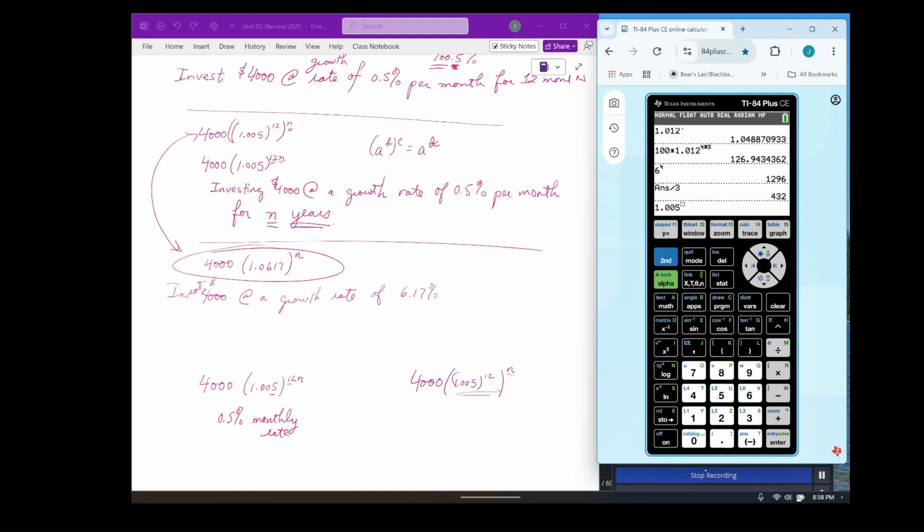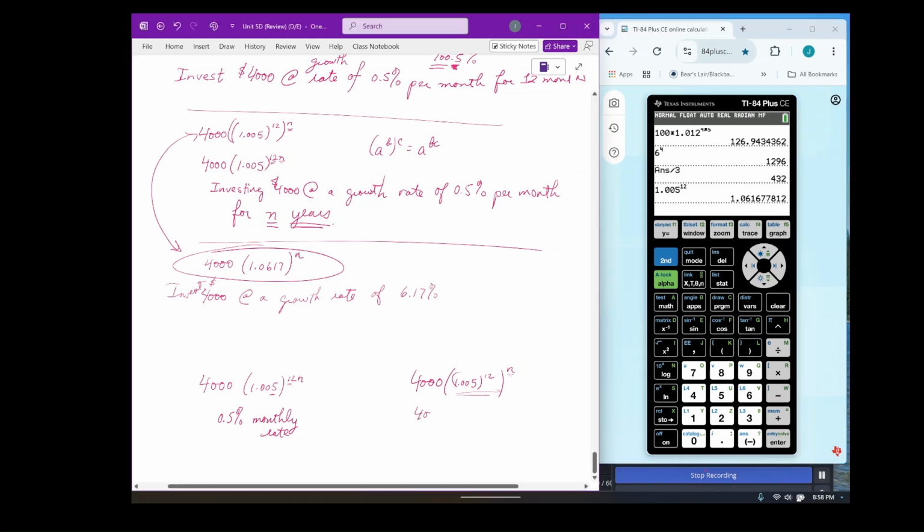1.005 to the 12th. Okay, so the number inside here now is this other one, right? These two expressions right here are identical because the 1.005 to the 12th is 1.0617. Okay, well, these two formulas are identical, right? This is the monthly rate because of the way that it's structured with the 12n.